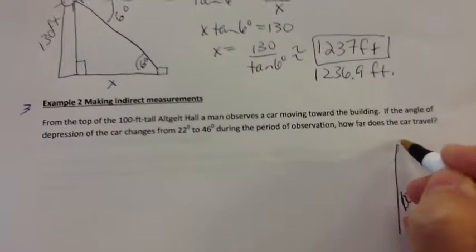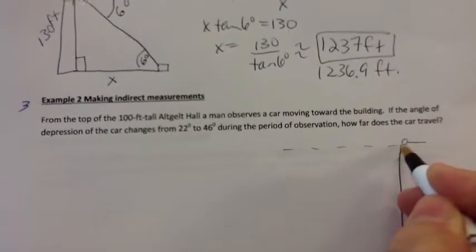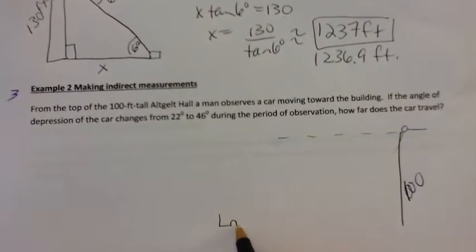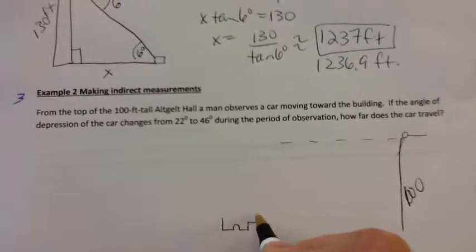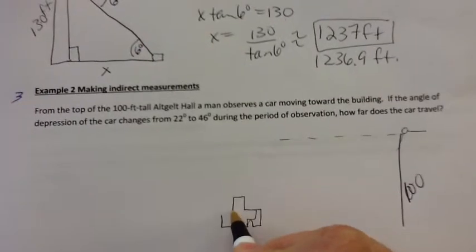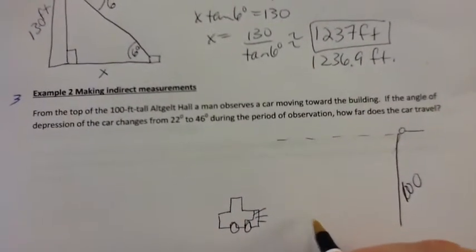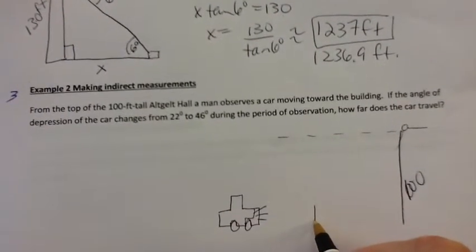and we're going to assume that the guy is laying down, he's looking out at the horizon, and he sees a car. My car is pathetic, but it'll do. And the car is moving towards the building.